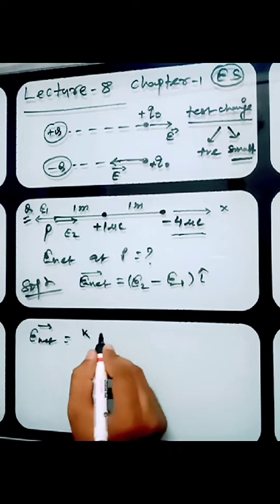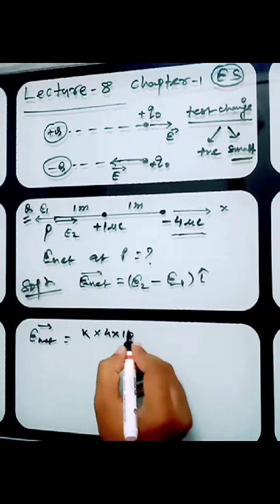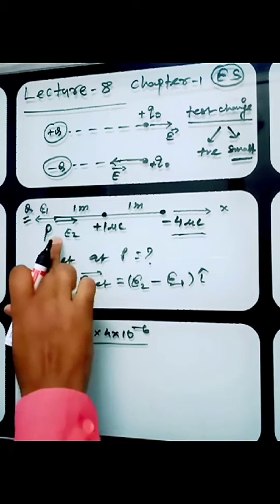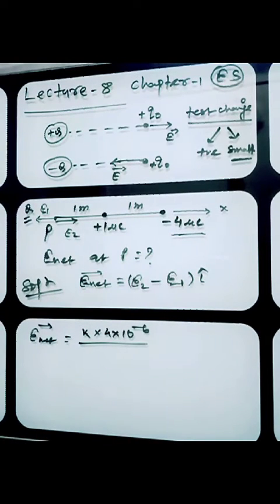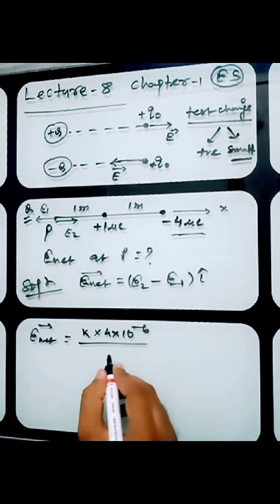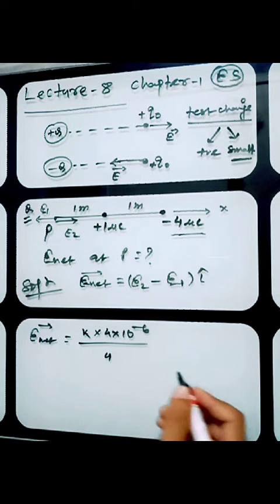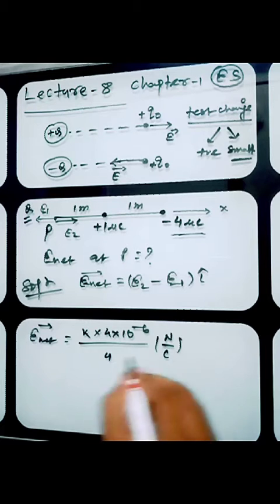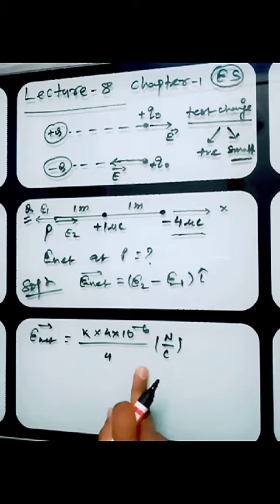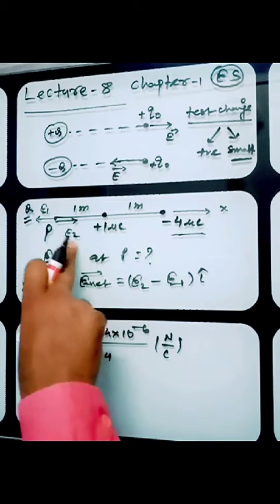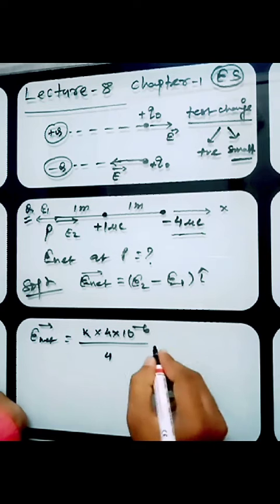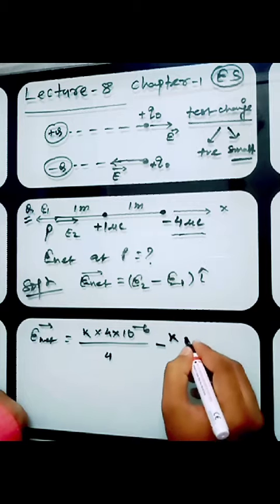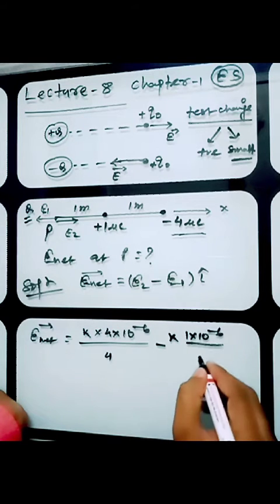So it is K times 4 times 10 to the power minus 6, by R square. What is the separation between point P and the minus 4 microcoulomb charge? It is 2 meter. What should be the unit? Yes, Newton per coulomb. This is the field E2. Now E1, it is minus E1, again K Q divided by R square.